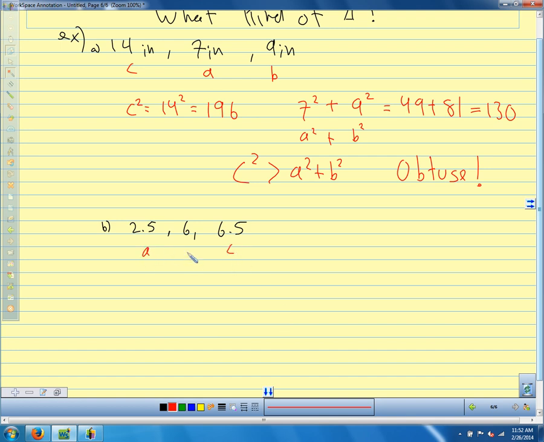So we'll call the others A and B. So C squared is 6.5 squared. Yes, thank you, 6.5 squared. C squared is 6.5 squared, and 6.5 squared is 42.25.